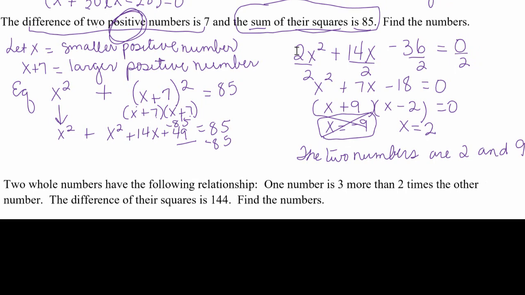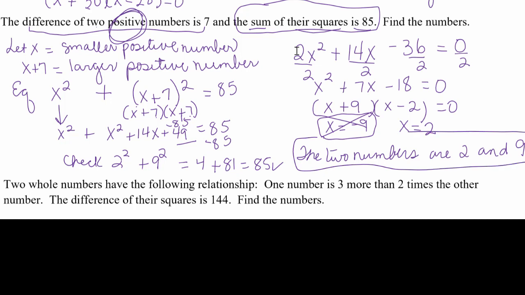And now let's check this, because it says that if we square these two numbers and add them together, we should get 85, right? So let's check that here. So 2 squared plus 9 squared, we're supposed to get 85. So 2 squared is 4, and 9 squared is 81. And yep, that's our 85, so that definitely checks. So our two numbers are 2 and 9.